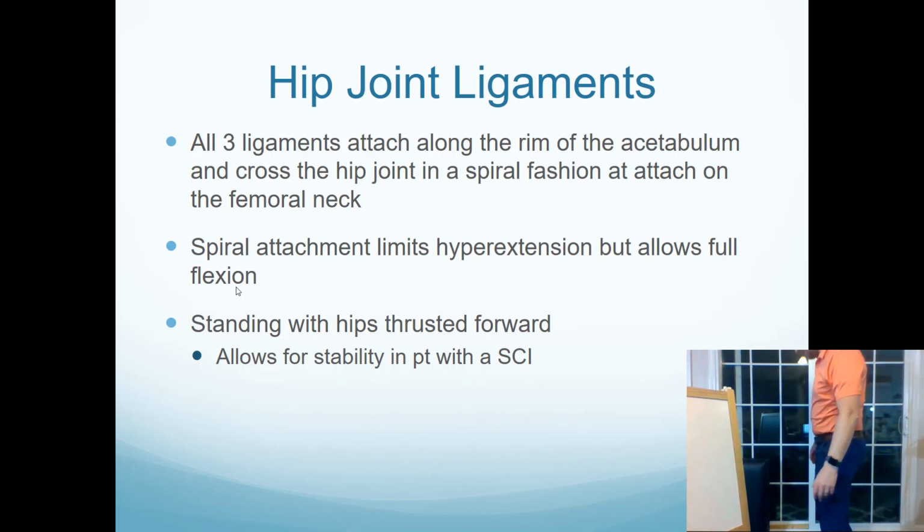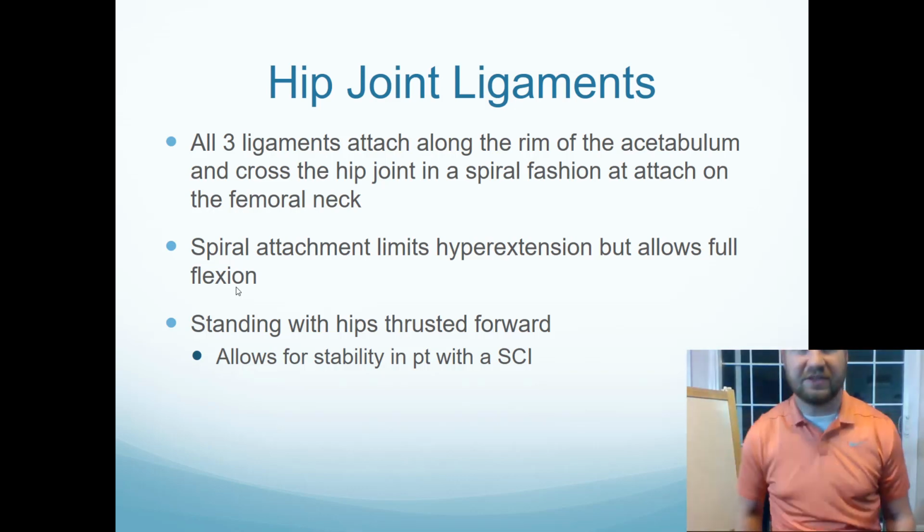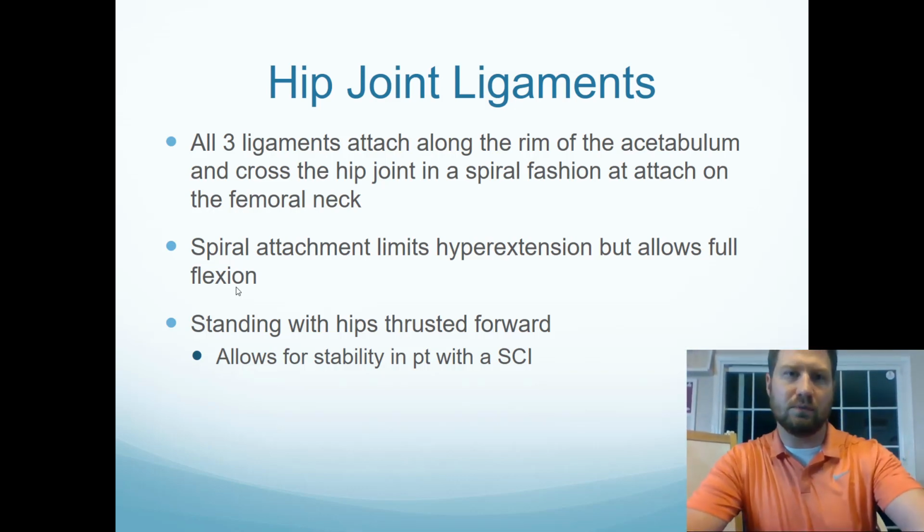If I step back so you can see it a little more, I thrust my hips forward, and my line of gravity is going to go anterior to my knee, which keeps my knee in full extension. I'm going to hang on the ligaments in my hips, and I will be able to stand erect with assistive devices, and I could theoretically then ambulate in some form. It wouldn't be the prettiest thing you would ever see, but it would be ambulation, which is cool.